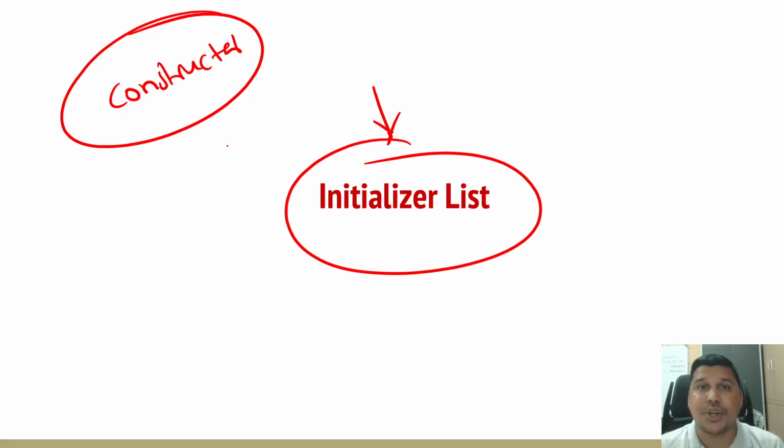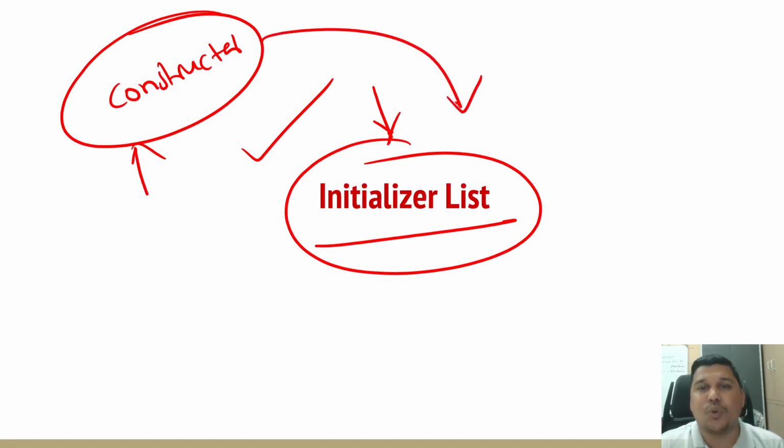But in a given situation where I can initialize values using a constructor, there also I can use this initializer list. So it's kind of an alternative to the constructor. Either you can use a constructor or initializer list. If a constructor is allowed, you can use it. Even if a constructor is allowed, still you can use initializer list. But specially wherever a constructor is not allowed, there you have to use this.